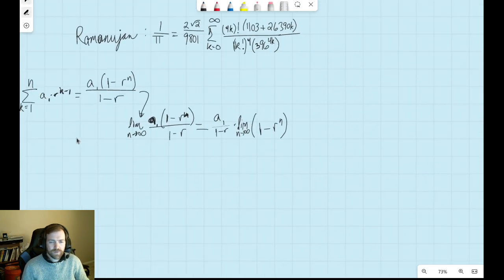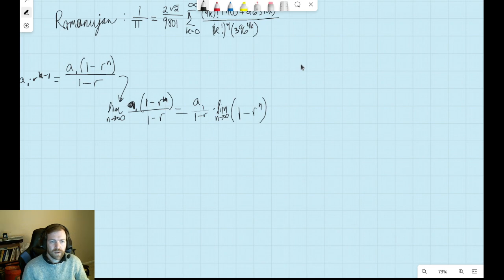So it uses this formula, specifically that the infinite sum of the geometric series, k goes from 1 to infinity of a sub 1 r to the k minus 1, is equal to a sub 1 over 1 minus r.